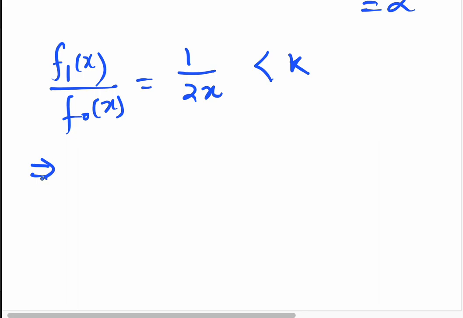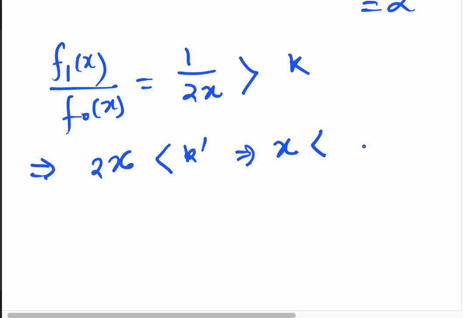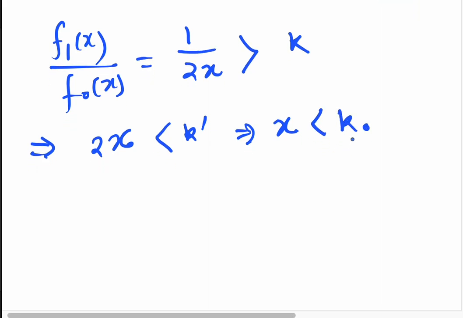So this is greater than k, which means 2x is less than some other constant, which means x is less than some other constant k0.